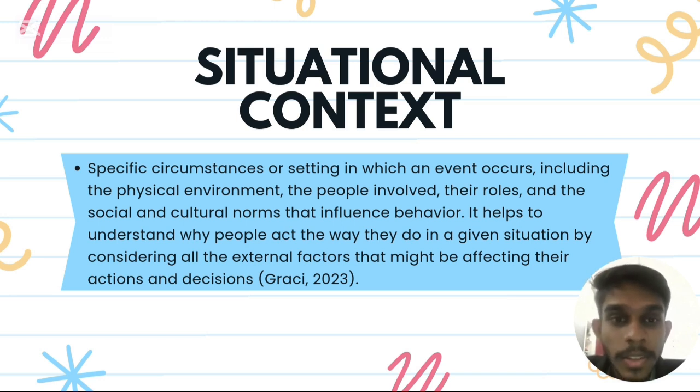It is the specific circumstances or setting in which an event occurs, including the physical environment, the people involved, their roles, and the social and cultural norms that influence behavior. It helps to understand why people act the way they do in a given situation by considering all the external factors that might be affecting their actions and decisions.